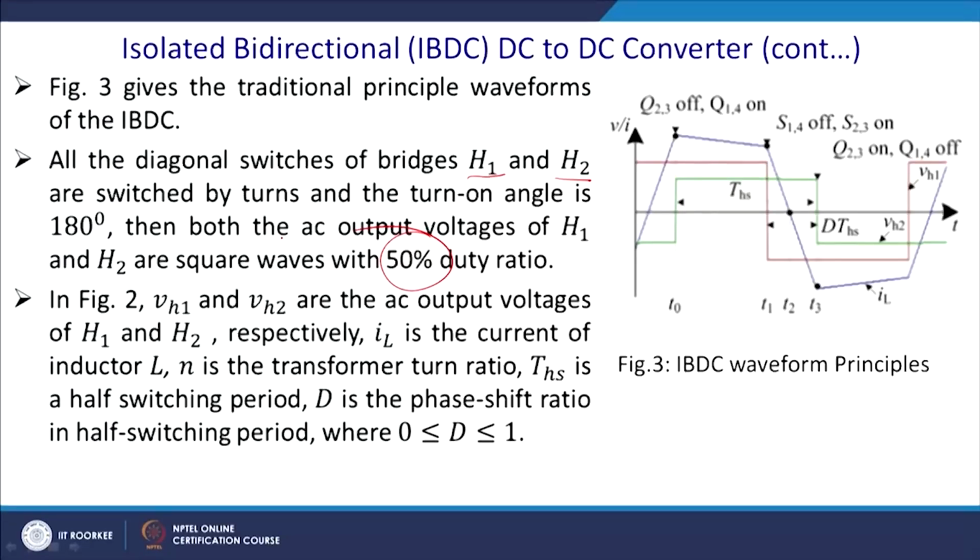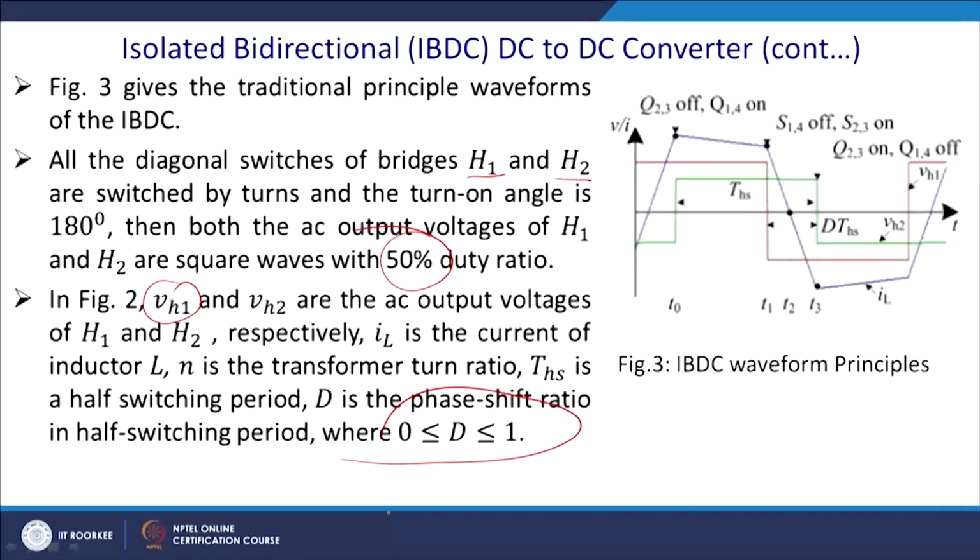In figure 2 we have seen that VH1 and VH2 are the AC output voltages of H1 and H2 respectively, and IL is the current of the inductor L, and N is the transformer's trans ratio. THS is the half switching period, D is the phase shift ratio in the half switching period, where D is within 1, where D is the turn on by turn off.